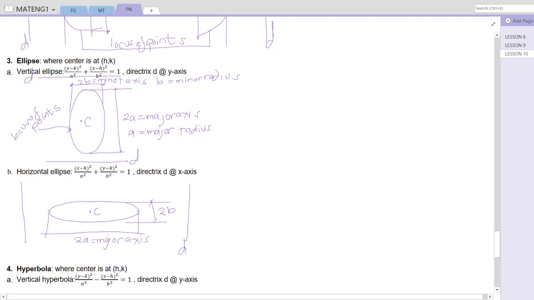So that is the directrix, the same with this one. This one forms the horizontal ellipse, so that is the locus of points.